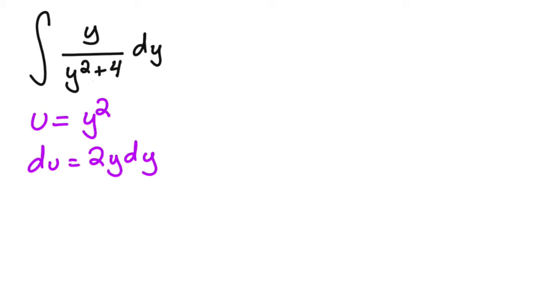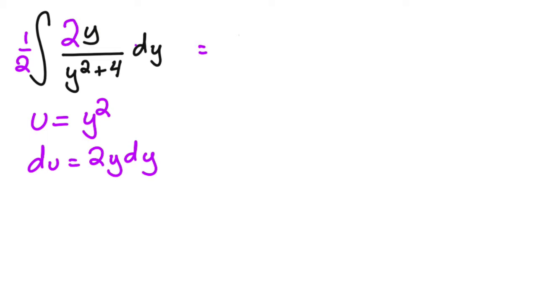And that's right there, but that's not exactly correct, because let's say you try this. So you would need a 2 here, right? Because you need the 2y dy. So you would bring the 1/2 on the outside.